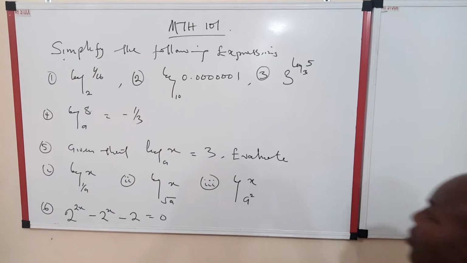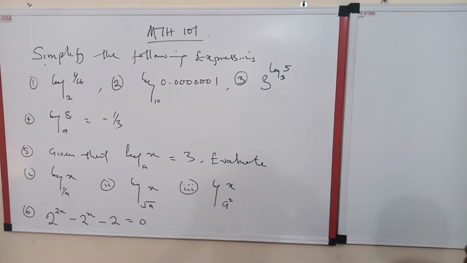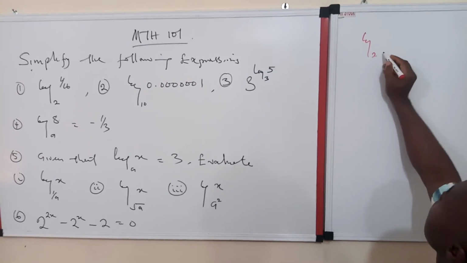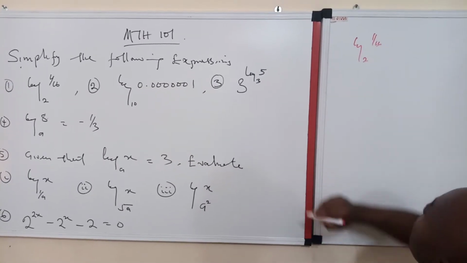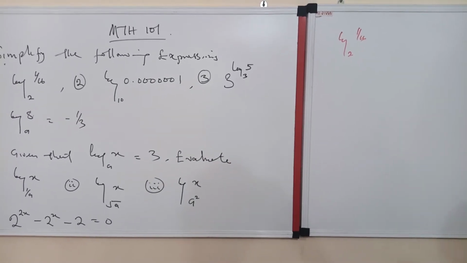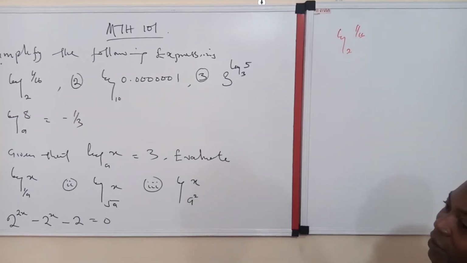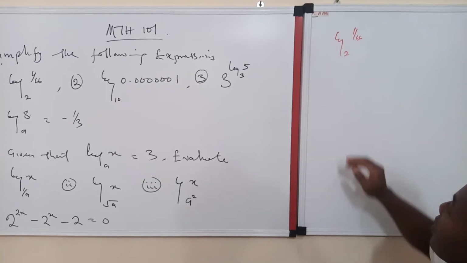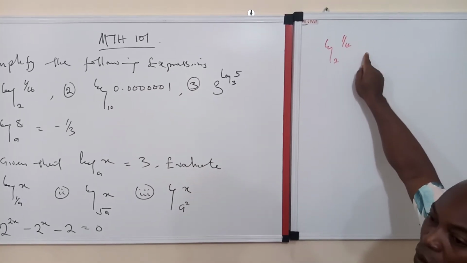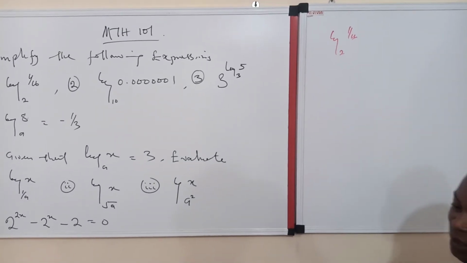Now, 1, we have been asked to simplify the following. 1 is log in base 2 of 1/16. In case we have something like this, if we can remember, when we were dealing with dividing two terms, we said the log of the quotient is equal to the difference of the logs.